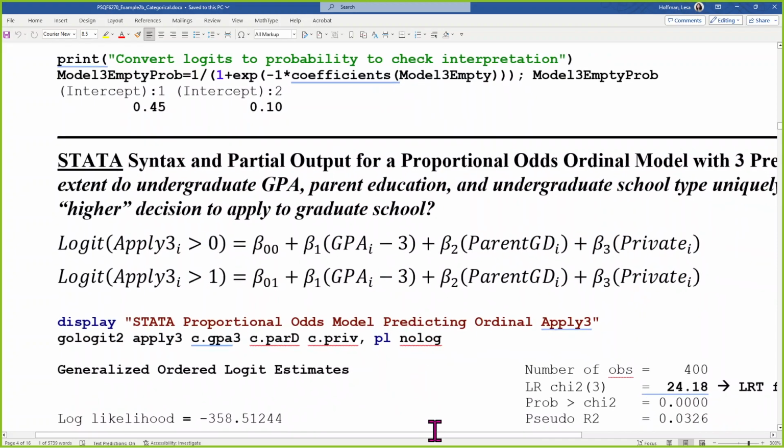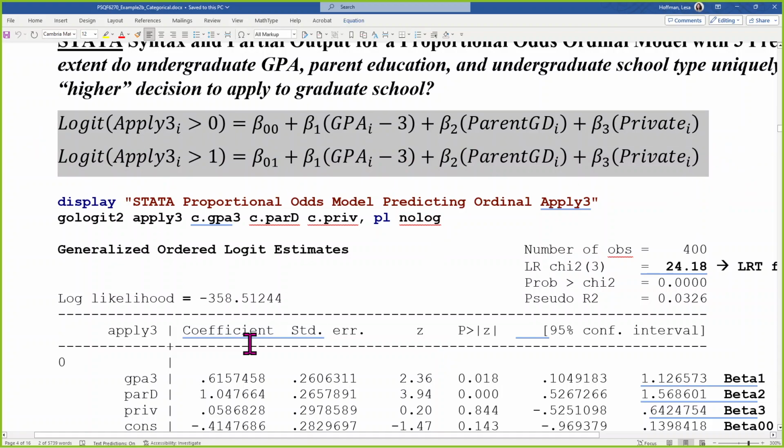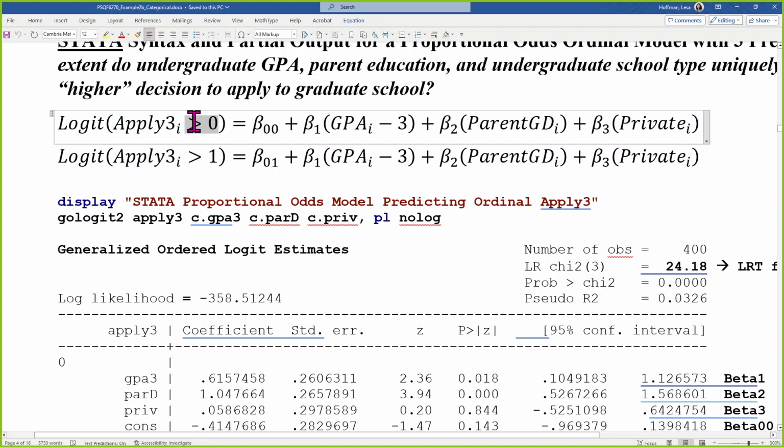Let's add some predictors. The same predictors that we had last time. So I have 2 model equations here. Submodel, by the way, is a term that I use. I don't know if that's a real thing, but I think it makes sense. So I don't have any synonyms for you. So the first submodel is predicting a score greater than 0, so predicting the probability of a 1 or 2.